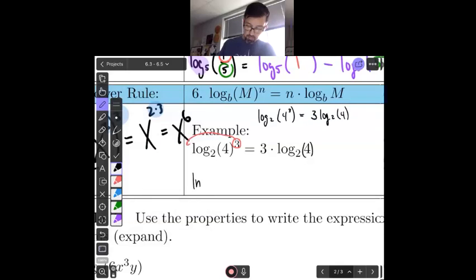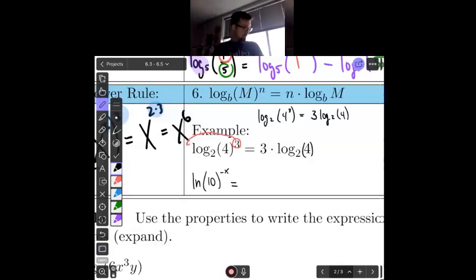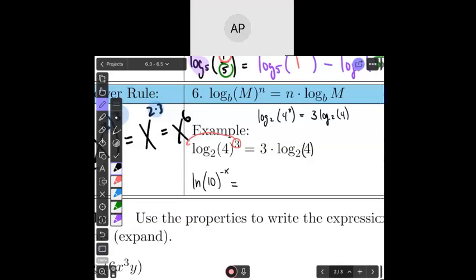So what about this one? What would that be equal to? What do you think, Andrew? If we want to apply this property, what would natural log of 10 to the negative x power be equal to? So would it be 1 times negative x?